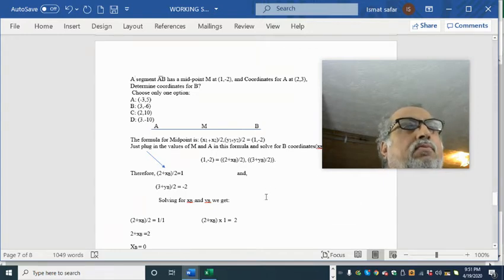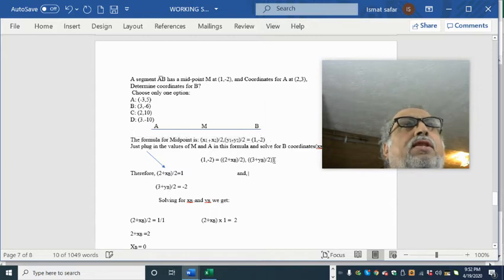We have segment AB, which has a midpoint M. A segment is just a line like this, with point A, point M, and point B. And the formula for the midpoint is what? x1 plus x2 divided by 2, comma, y1 plus y2 divided by 2, equals 1 comma negative 2.